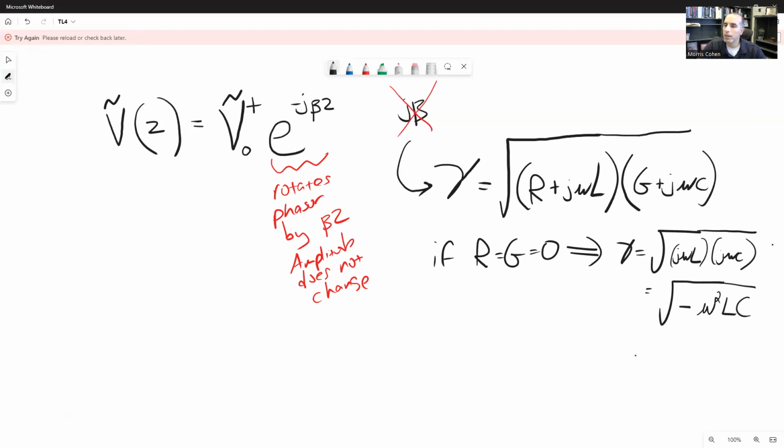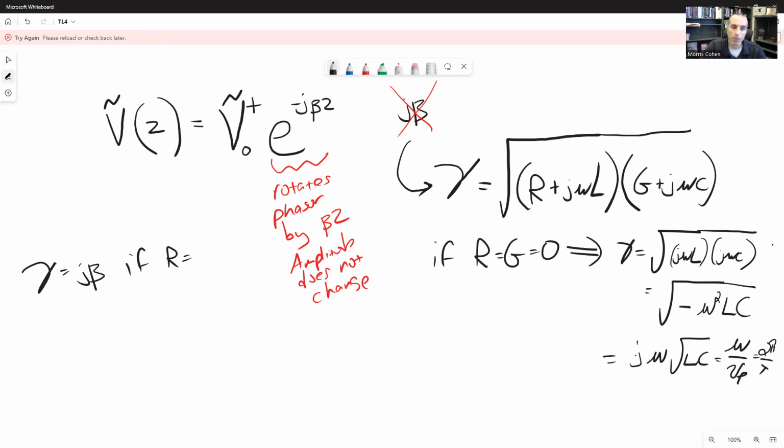And so this is j omega times the square root of LC, and this is what we have been defining as beta. This also can be written as omega divided by the propagation velocity, or it's 2 pi over the wavelength. But gamma in this case equals j beta if there are no losses, if R equals G equals 0.